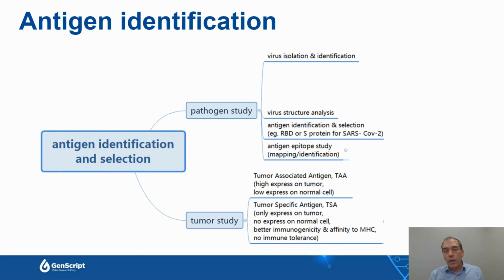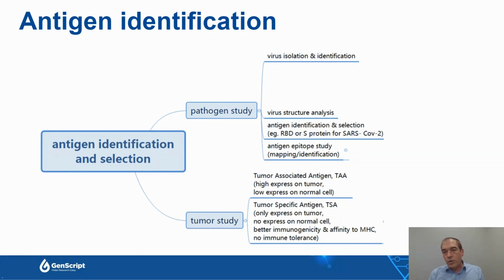So going back to the workflow, what can GenScript do for antigen identification and selection? There are usually two different types of studies depending on the type of vaccine. For a pathogen study of a virus, usually the virus is isolated, identified, the virus structure is analyzed, and the specific antigens are identified. Very often an antigen epitope study is performed to understand the exact epitope for the antigen.